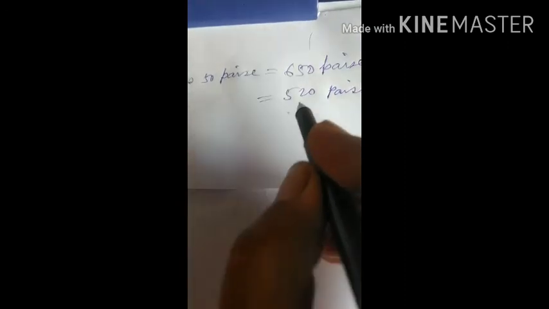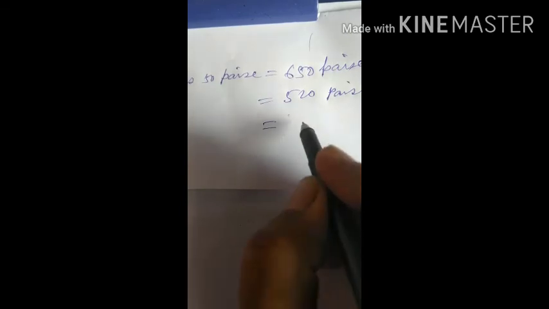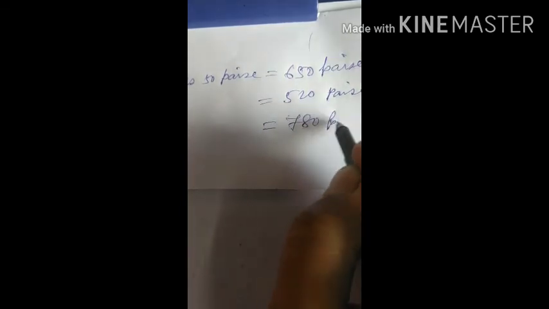Similarly 5 rupees 20 paise can be written as 520 paise, and similarly 7 rupees 80 paise can be written as 780 paise.